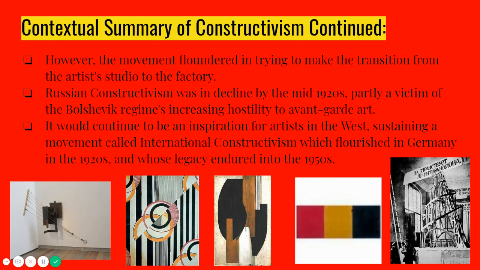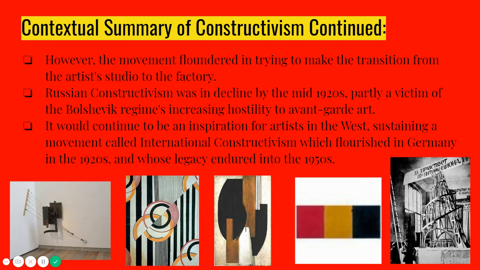But this movement would continue to then be an inspiration for artists of the West, artists who had the freedom to take these concepts of art, these new approaches of art that originated in Russia, and were able to let them grow and let them flourish. And they started to transform, but also sustain this constructivism movement.